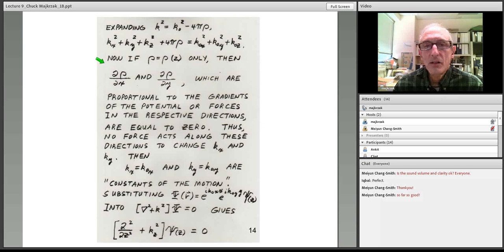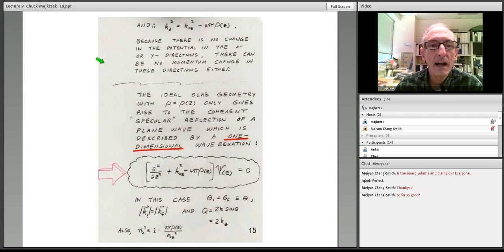these densities are constant. So the derivatives are zero, and these serve as constants of the motion in the Schrödinger wave equation. So that this gives us, on factoring the wave function, a situation where the equation to be solved is a second-order linear differential equation involving z only, and it's a one-dimensional problem.